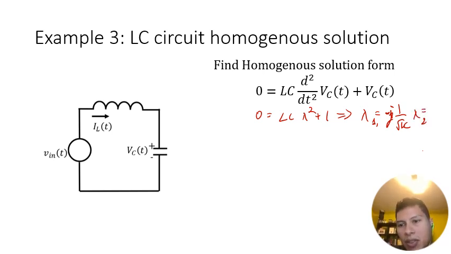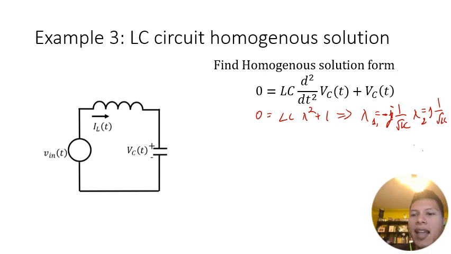Lambda 2 equals j 1 over the square root of LC. And I'm sorry if I write i's instead of j's. I'm actually used to using the i notation, and I know that we're supposed to use the j notation, so my brain just fights me on it continuously.